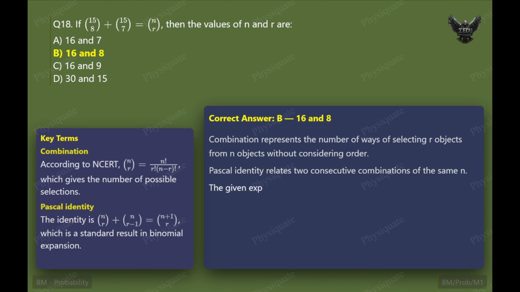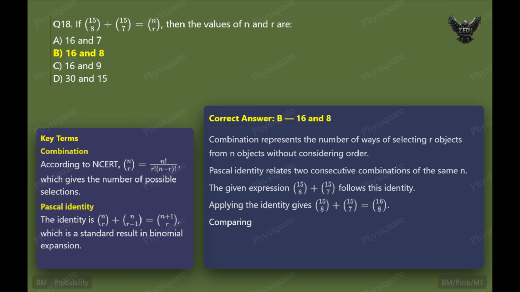The given expression C(15,8) plus C(15,7) follows this identity. Applying the identity gives C(16,8). Comparing with C(n,r), we obtain n equals 16 and r equals 8. Thus, the correct answer is 16 and 8.